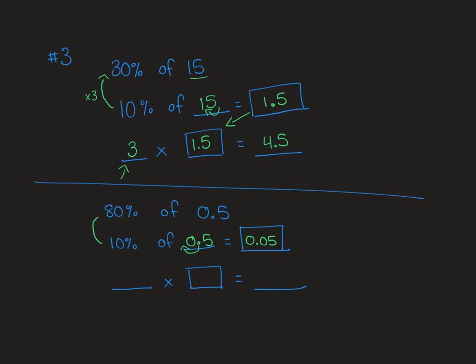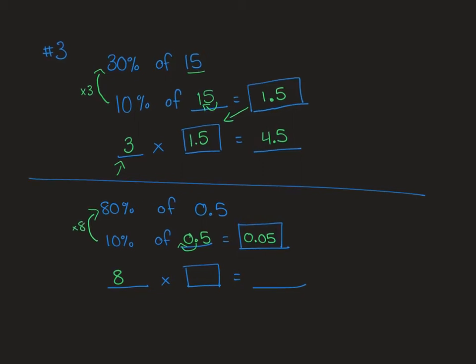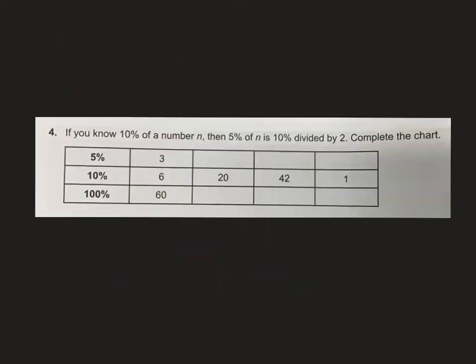Then I need to think, okay, how many 10% groupings do I have? Well, 8. So 8 times 0.05 gives me 0.4. You can either use your calculator or long multiplication to find this final answer here.